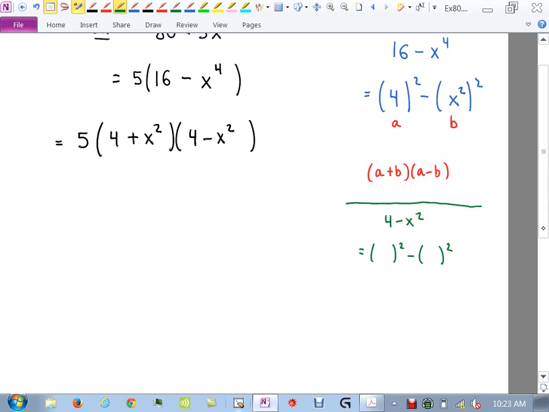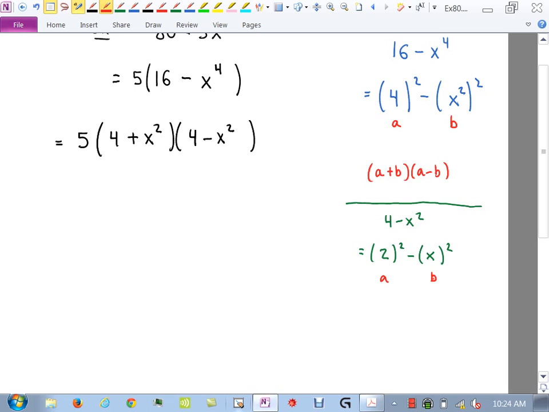This is exciting. Okay, so what is 4? It's what squared? 2. And then x squared is x squared. So we have a new a and b. This is totally separated from what we did already. This is a new a and b, a new application of the formula again. Understand?